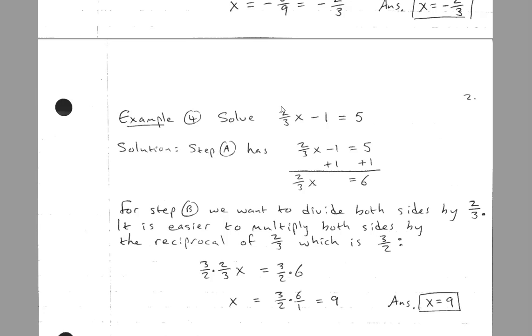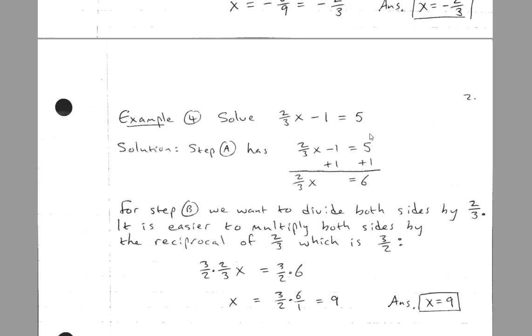This time a is a fraction. So 2/3 times x minus 1 is equal to 5. All right, so this is in the standard form. A is 2/3, b is negative 1, c is 5.